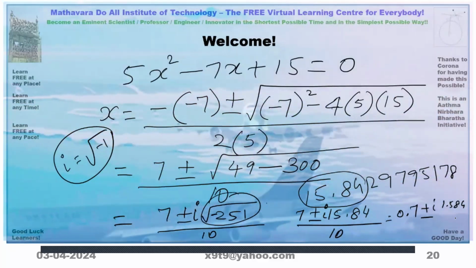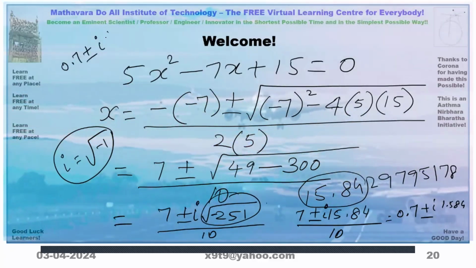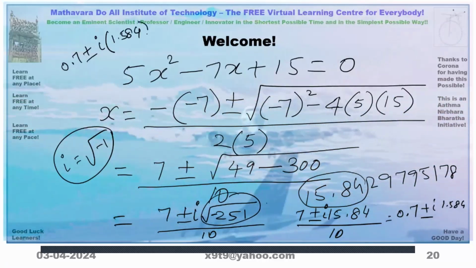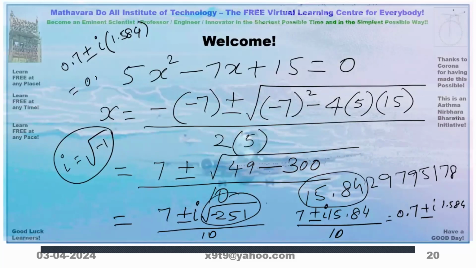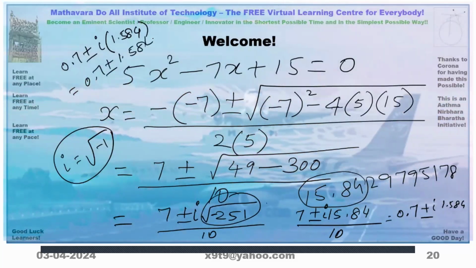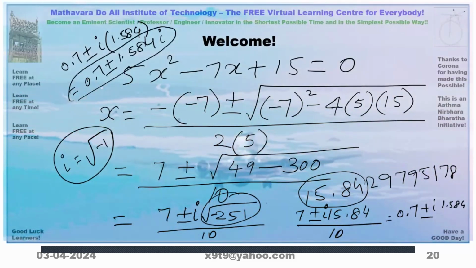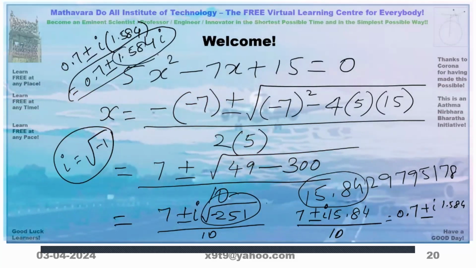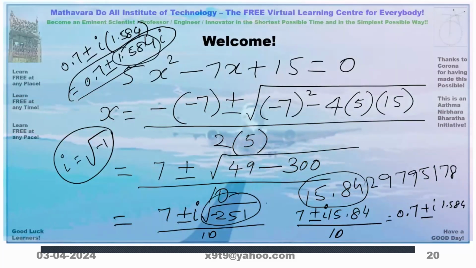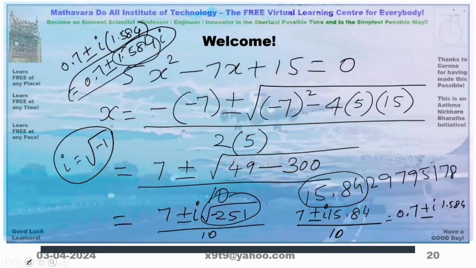So that means the answer is 0.7 plus minus i multiplied by 1.584. Or we can write 0.7 plus minus 1.584i. So if this item is 0, then i will not be there. Then it becomes a real number.